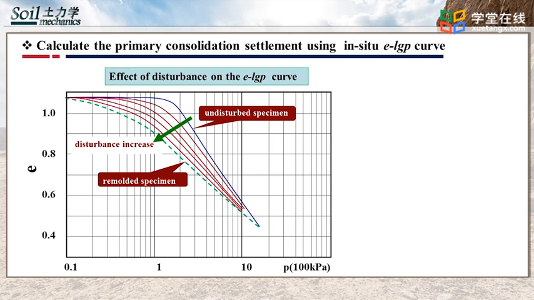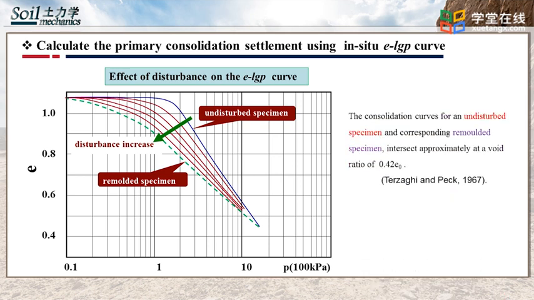It can be seen from the figure, the higher the degree of the sampling disturbance, the lower the compression curves, and the more unclear the curvature of the compression curves will be. The compression curves for an undisturbed specimen and the corresponding remodeled specimen intersect nearly at a void ratio of 0.42 times e0.